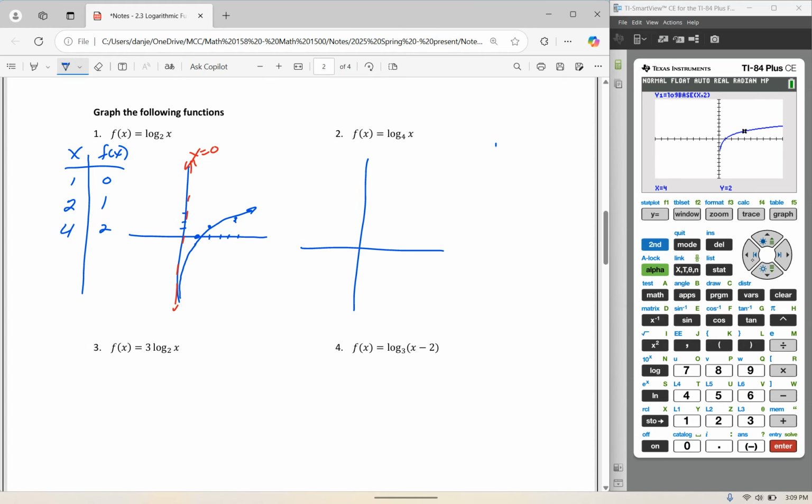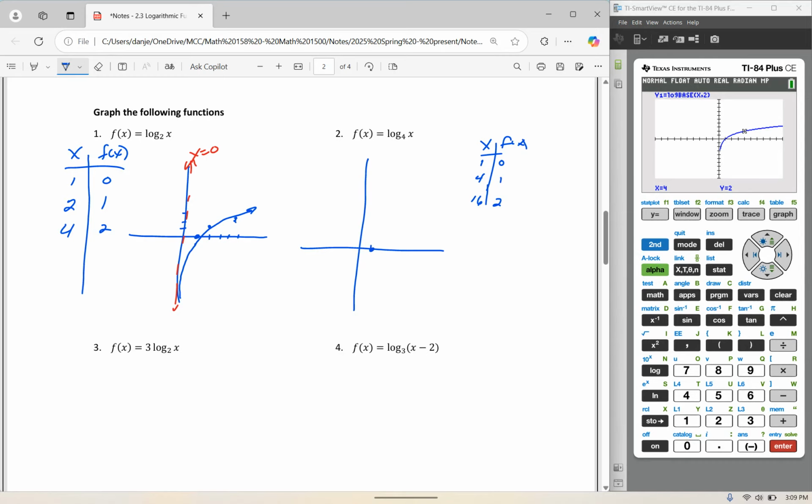So if I made my table of values here, x and f of x, I'm going to use 1, 4, and 16 for x's. That'll give me the y values of 0, 1, and 2. If x is 1, y is 0 because 4 to the 0 is 1.